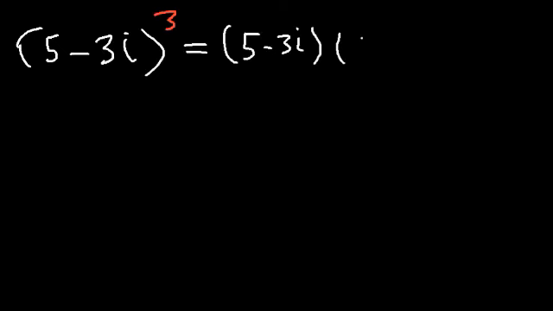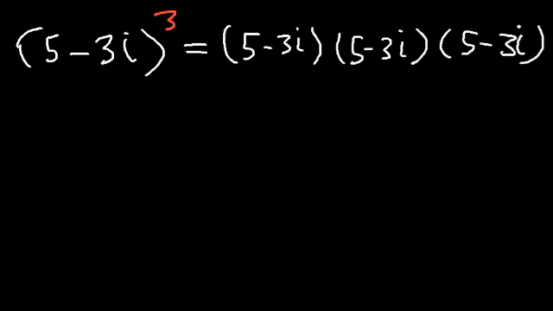Here's one for you. Go ahead and simplify this expression in standard form. 5 minus 3i raised to the third power. So we need to expand it, or write it 3 times. So let's FOIL two of these binomials at one time.